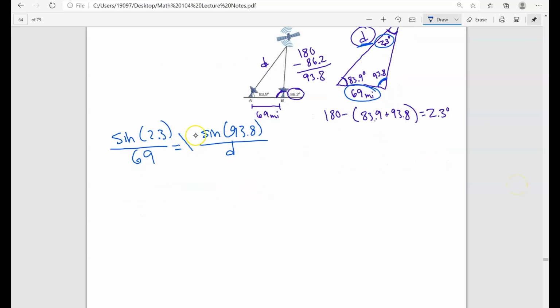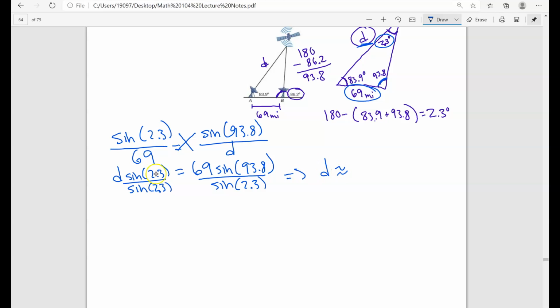So let me cross multiply. D sine of 2.3 is equal to 69 sine of 93.8. So I'm just going to divide by the sine. D is going to be approximately equal to 69 sine of 93.8 divided by sine of 2.3, and that tells you how far it is.